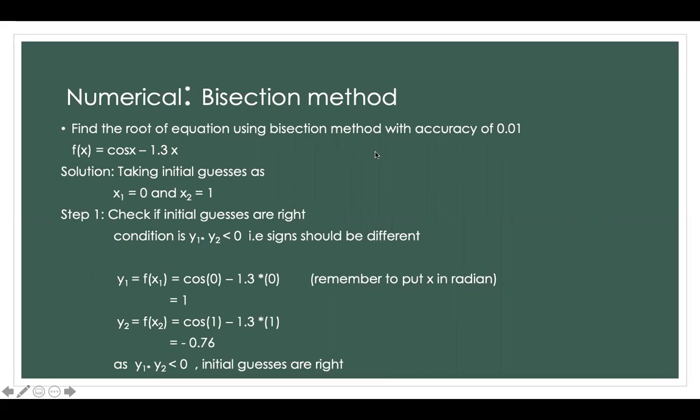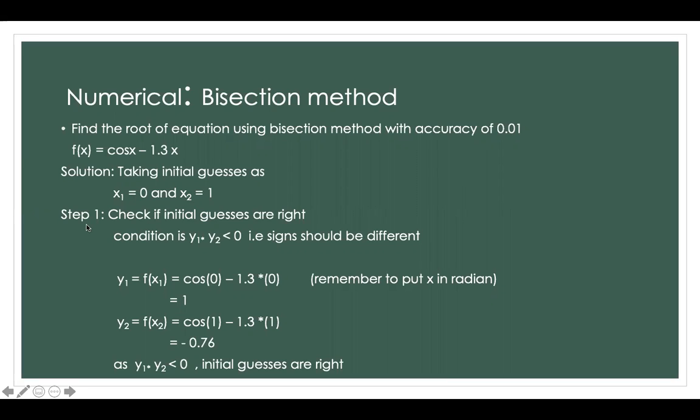So we have to find the root of equation with an accuracy of 0.01. Taking initial guesses as x1 equal to 0 and x2 equal to 1. Those are the initial guesses we are assuming.